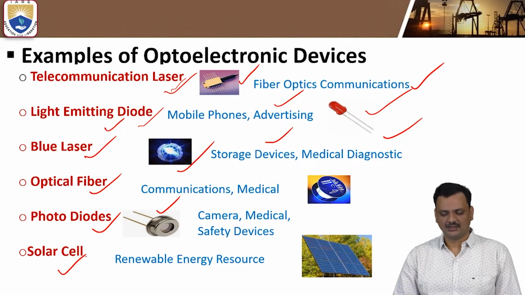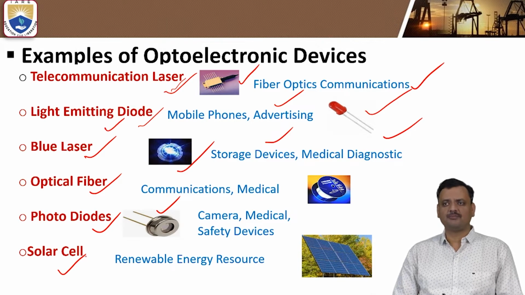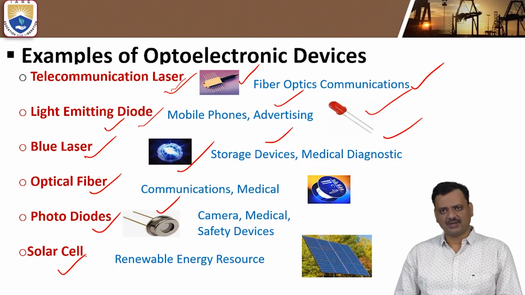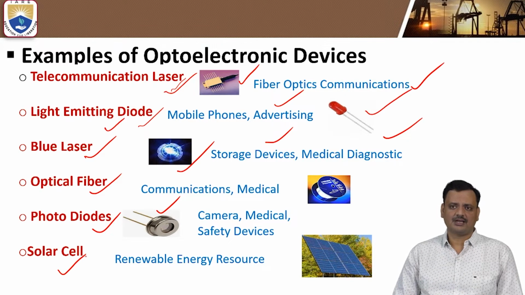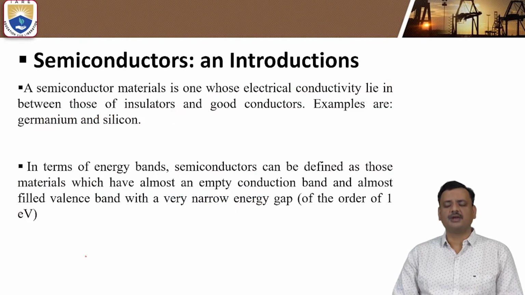So before going ahead in the field of optoelectronic devices, you must know the basic properties of semiconductors: how they work, what their characteristics are, and how they are made for device application. For that reason, from here onwards I am going to give some introduction about semiconducting materials.